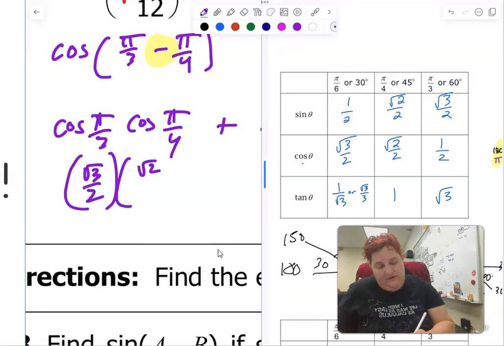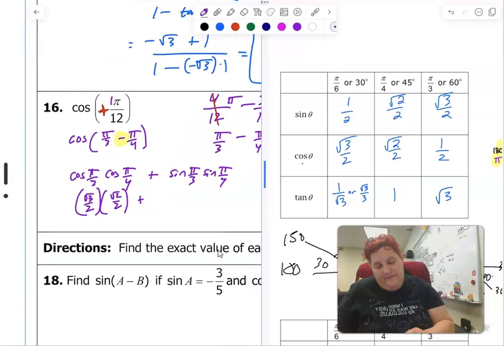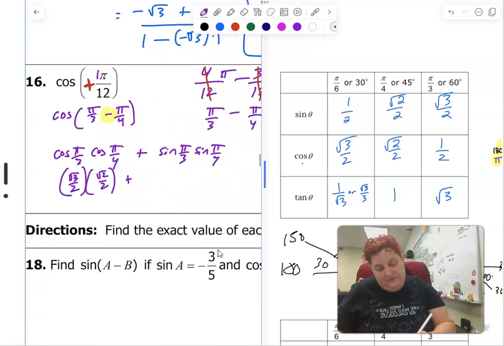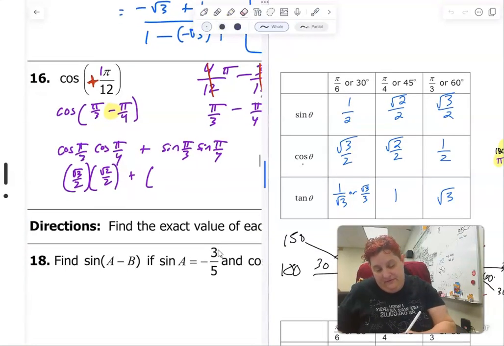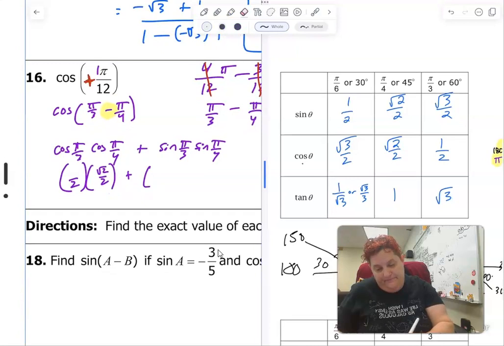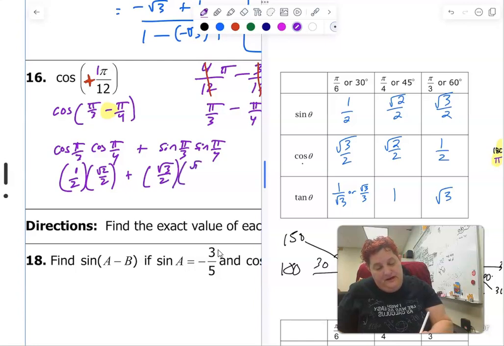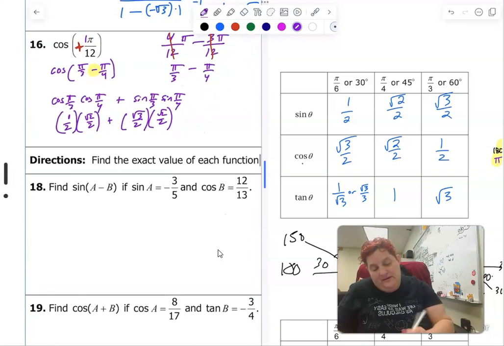Cosine of pi over 4 is root 2 over 2. We do the opposite with sine, it's plus. Sine of pi over 3. Oh shoot, I did this wrong. Cosine of pi over 3 is 1/2. Oops. Alright, we caught that mistake. Sine of pi over 3 is root 3 over 2. And sine of pi over 4 is root 2 over 2. So I end up getting square root 2 plus square root 6 all over 4.